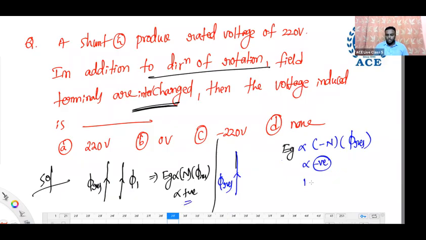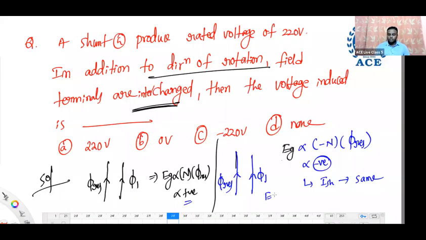When the EMF is negative, actually the field current has to reverse, but it won't reverse; it will be in the same direction. That's why phi 1 will come in the same direction as the residual flux, both the same, previously upward and now also the same direction.